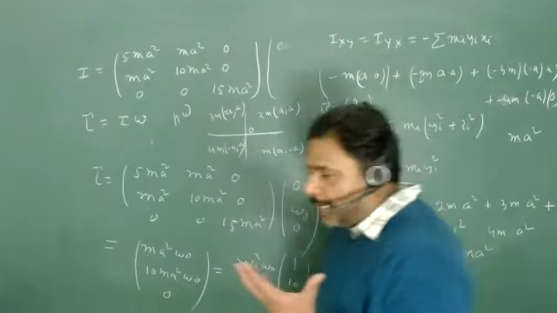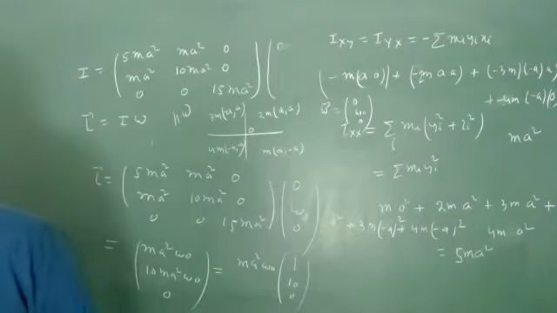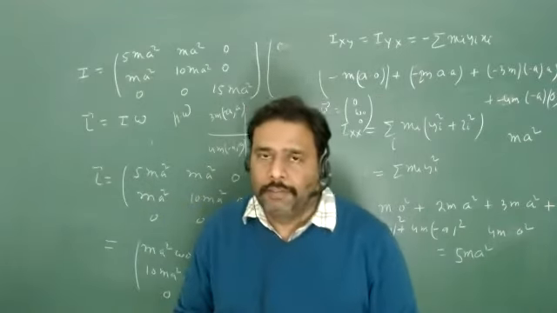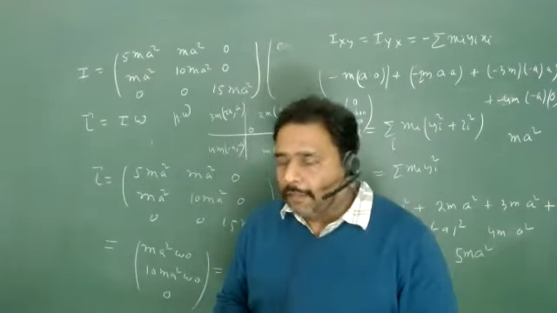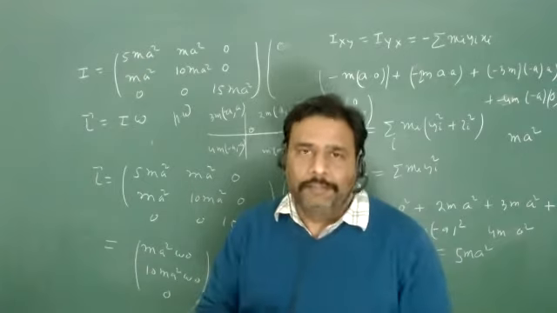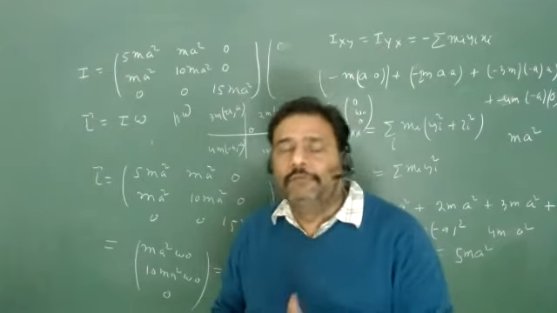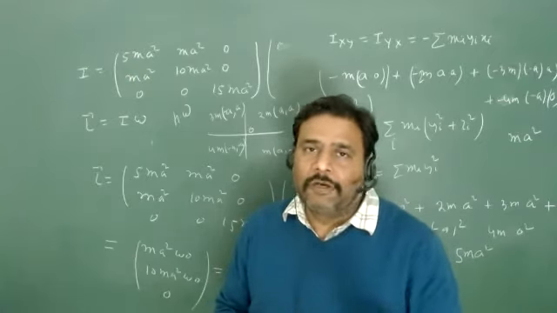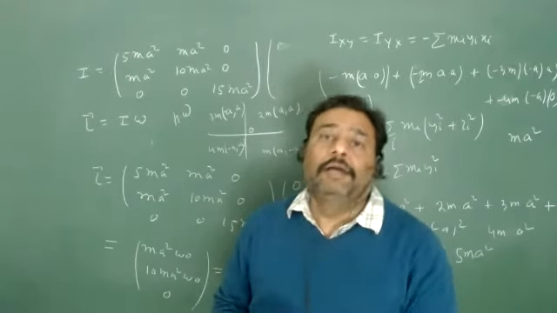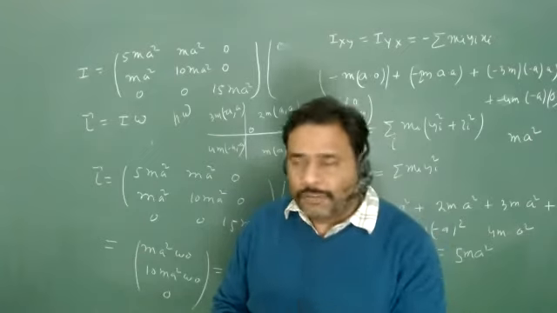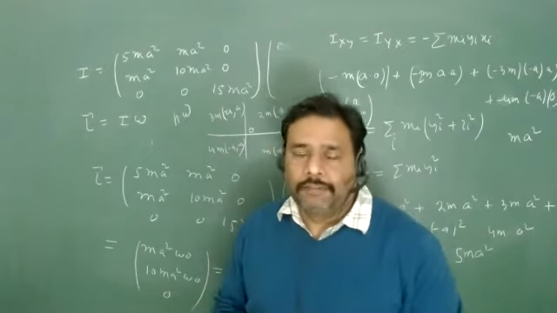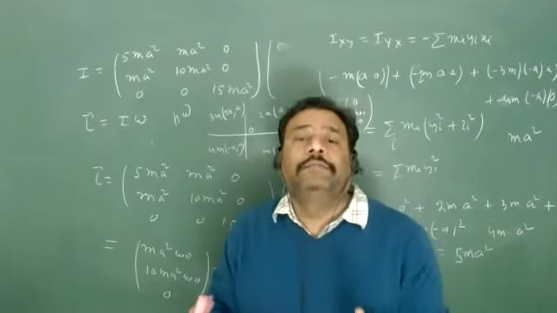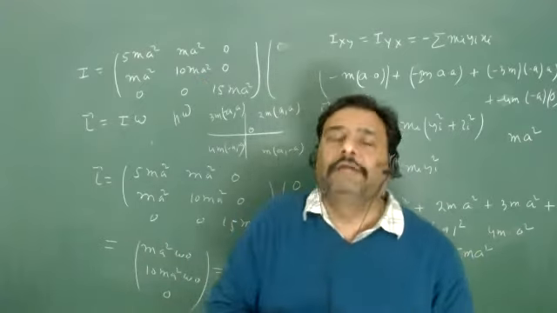But the whole idea is that when your mass is symmetric about your origin, then it's okay. You can just use first principles and calculate. But it is not always symmetric about the origin. The distribution can be different. Then obviously you have to use the whole arrangement with respect to that origin.